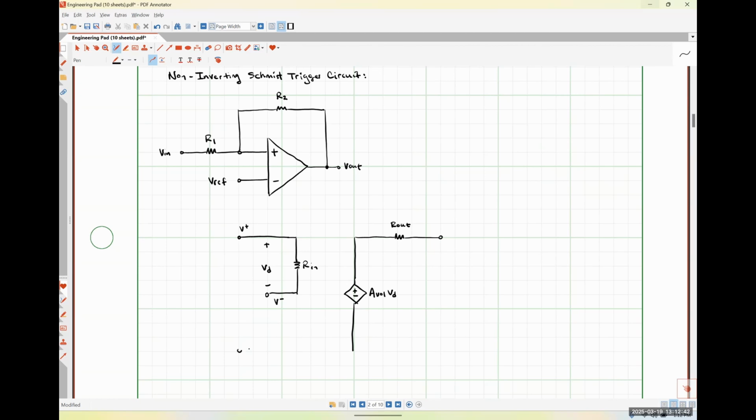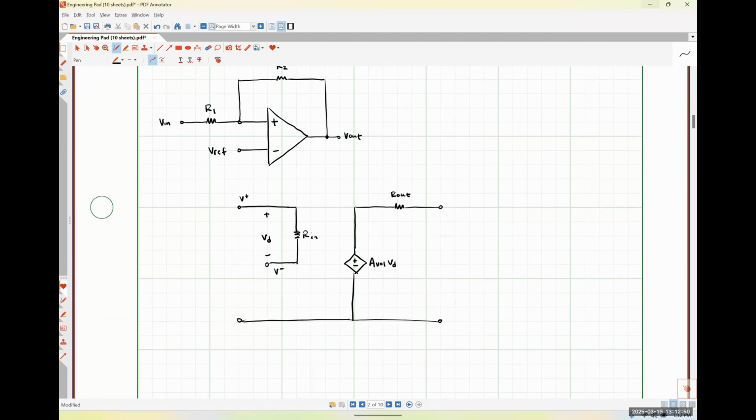And now I have my simple ground bus down here. Okay. So are we all okay that this is indeed our practical op-amp model? Okay.